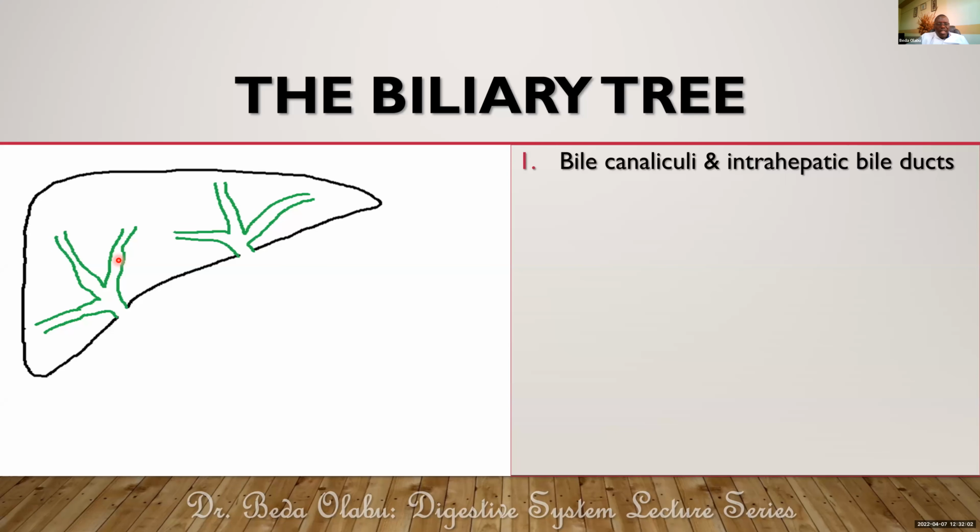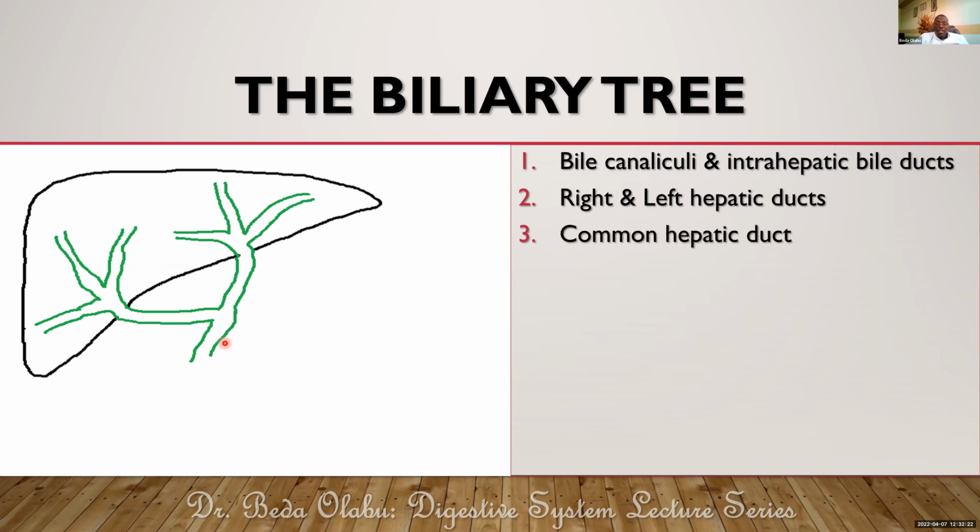The ones from the right and the ones from the left join eventually to form what we call the right and left hepatic ducts. The right and left hepatic duct then join to form what we call the common hepatic duct. So I hope you're following.